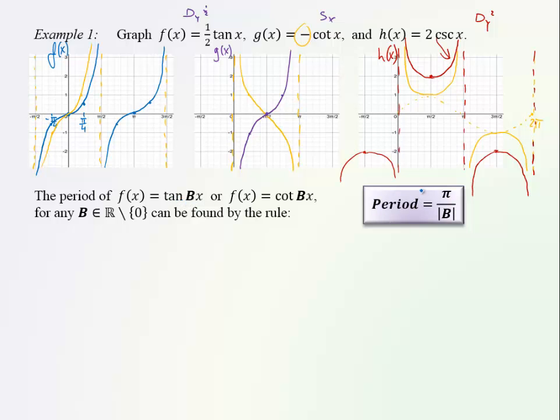Well, the period changes according to a similar rule as for sine and cosine, except that the new period is the basic period of the basic shapes, tangent and cotangent, which is pi in this case, over the absolute value of this constant b. So for sine and cosine, we took 2 pi. The same will be for secant and cosecant, 2 pi over b. Only for tangent and cotangent is pi over b.